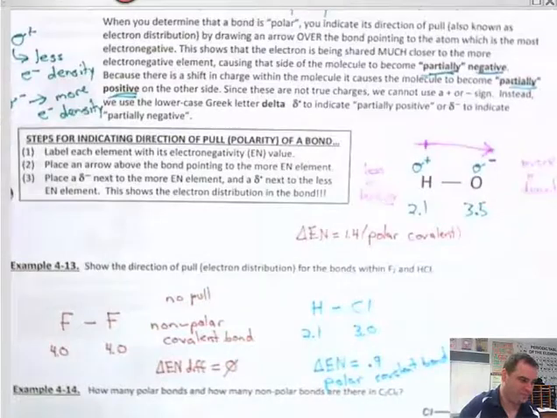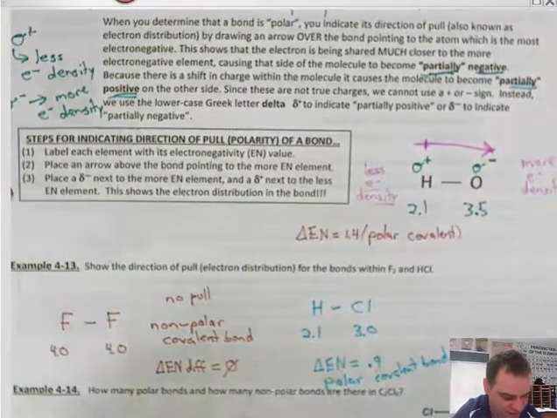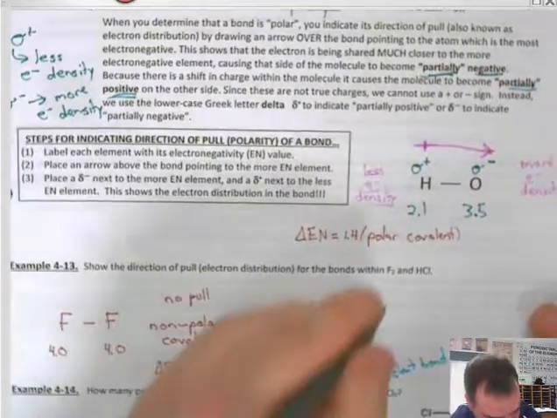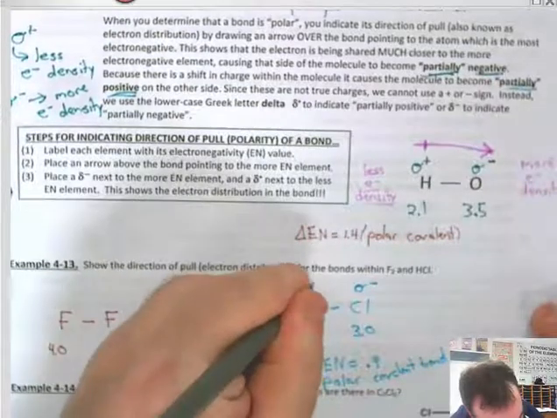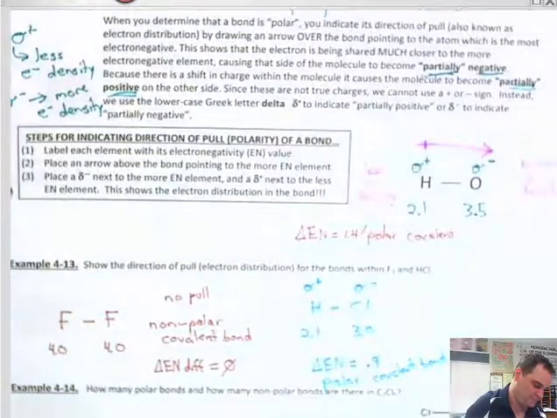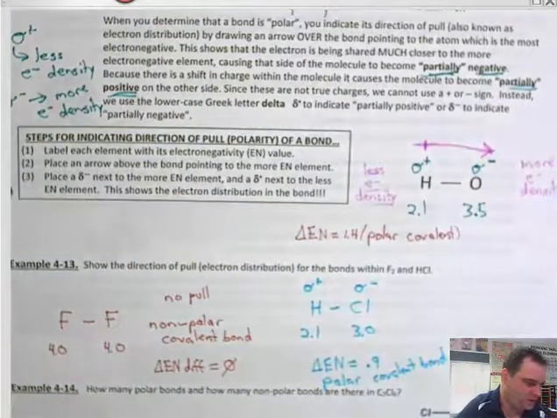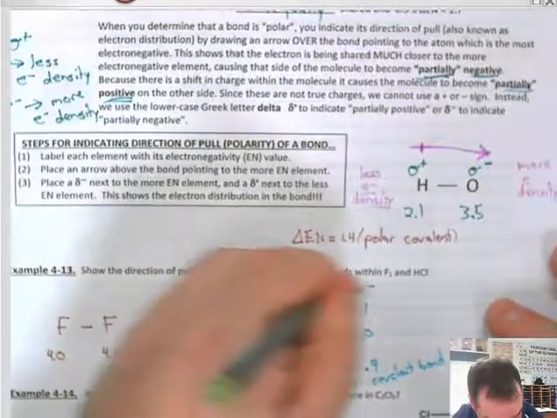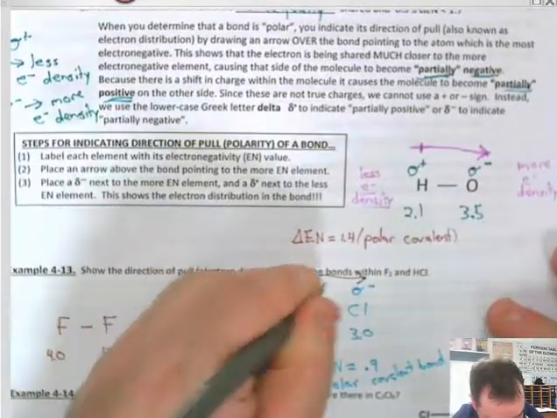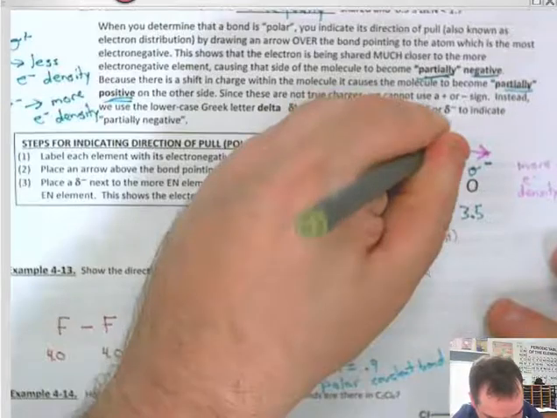Since Cl is more electronegative, it would be partial negative, and hydrogen would be partial positive. I would draw my arrow, my dipole. These arrows are called dipoles.